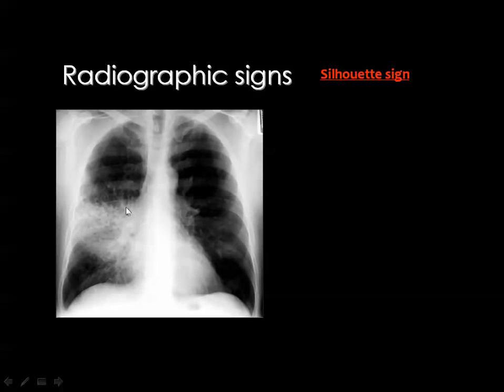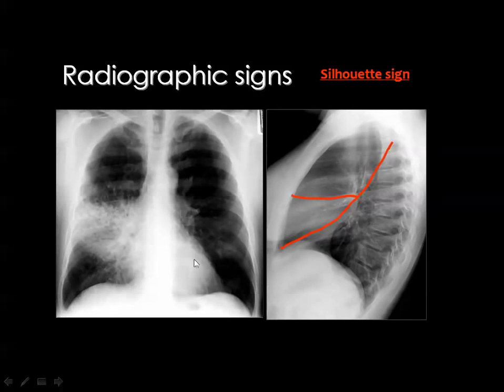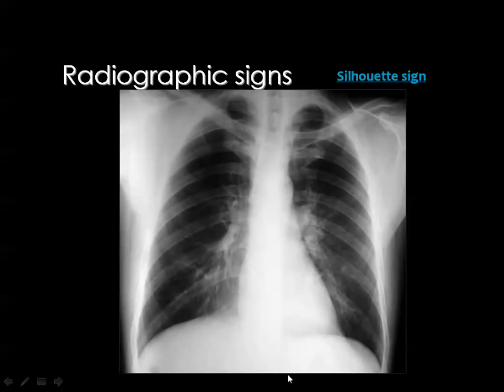This means that the opacity is adjacent to the heart and the heart is anteriorly located. Then the opacity is anteriorly located, and the anteriorly located region in the right lung is that of the middle lobe. Then you say that this is the middle lobe opacity without the need to have a lateral view.